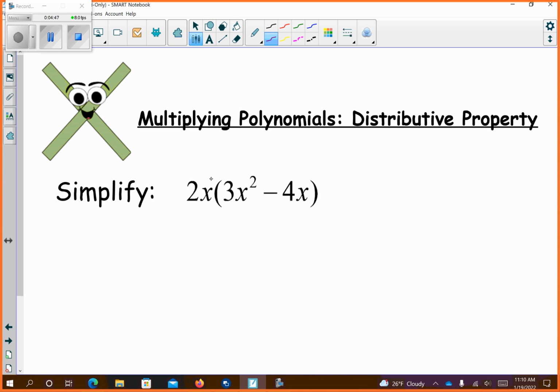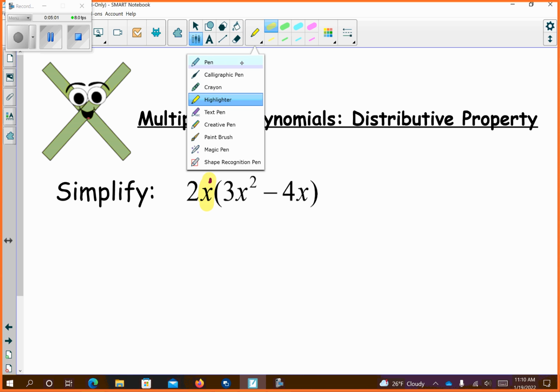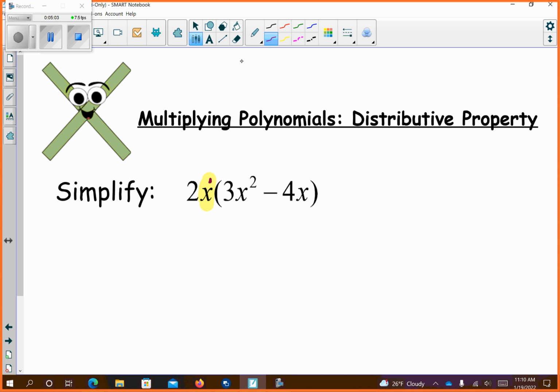So things to kind of note. Is that x right there raised to the first power? Is this x raised to the first power? Do you agree with that? Okay, when you multiply items together, the exponents of the like terms add. Let me say that one more time.